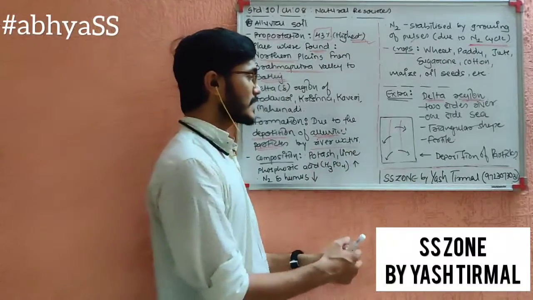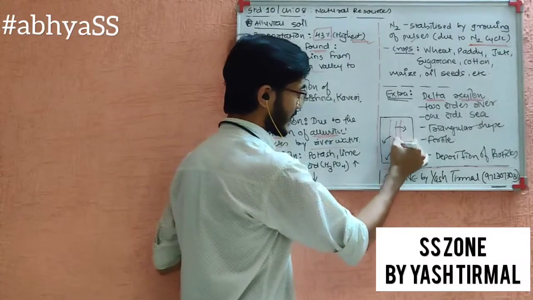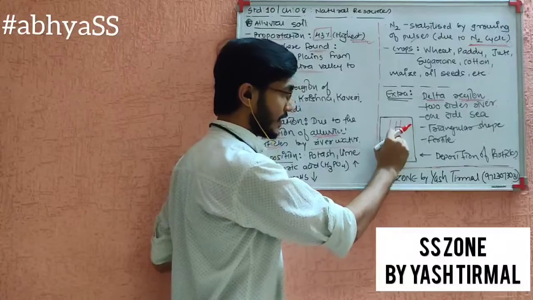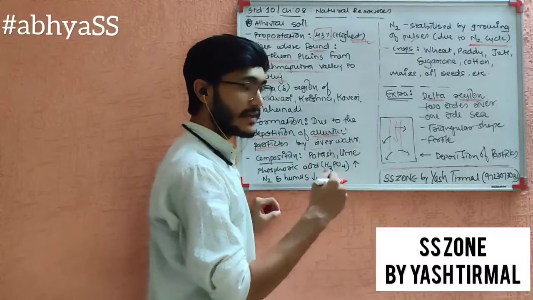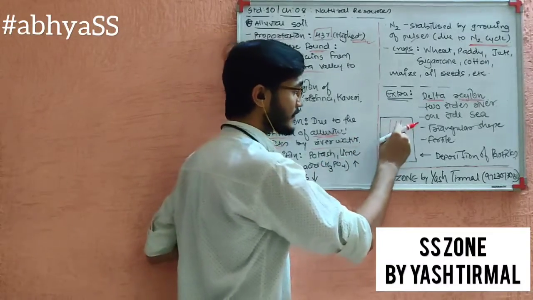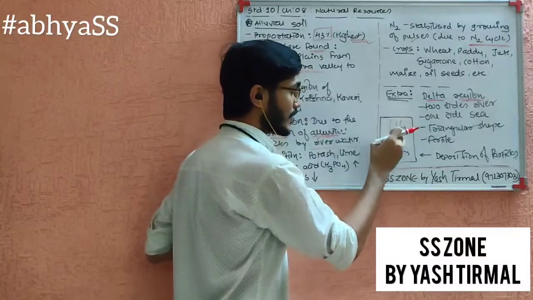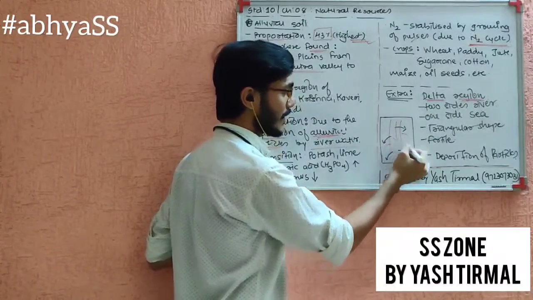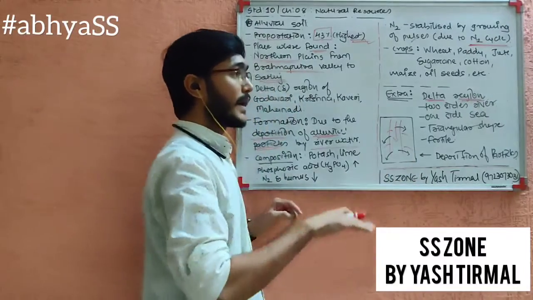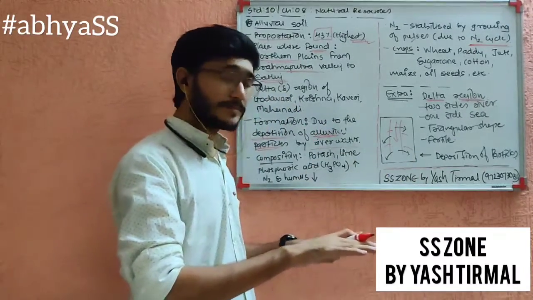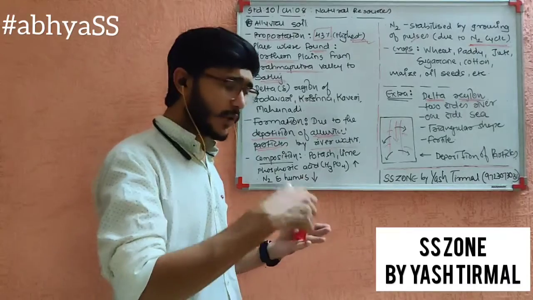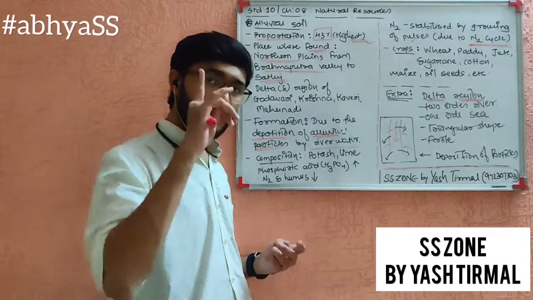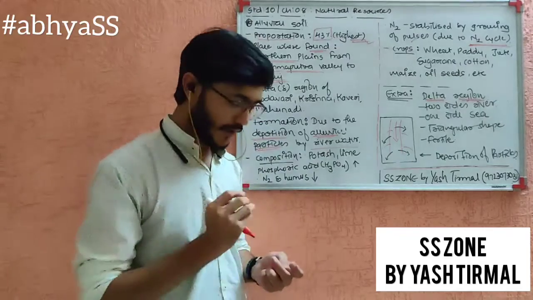If this river is flowing in this direction, then the particles which are there in this water, the water carrying some particles, those particles will be thrown towards each side of the river. And as these particles are thrown out from the river, they will stay, and one by one the layers will form, and those layers of particles will form the alluvial soil.